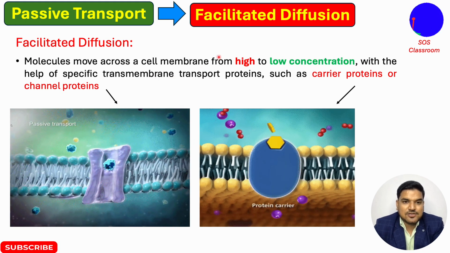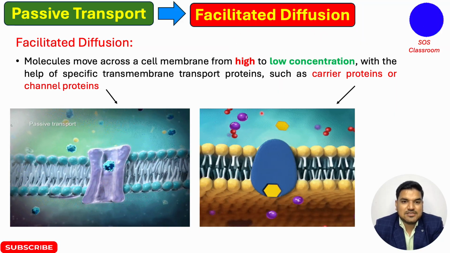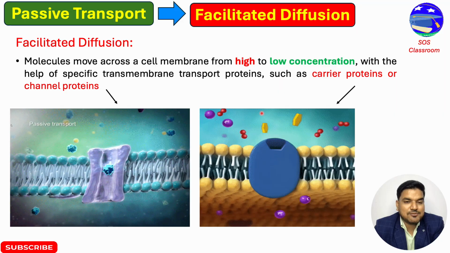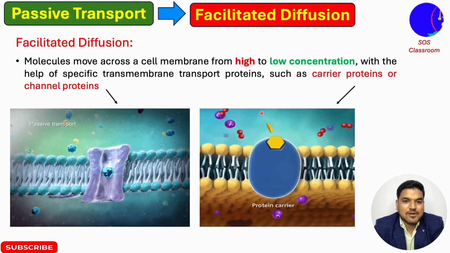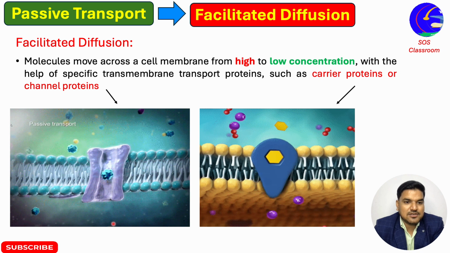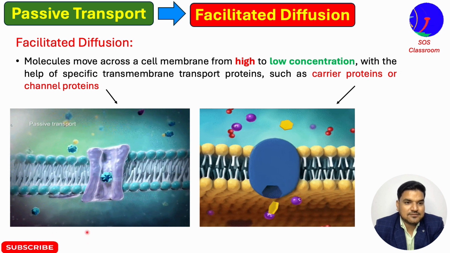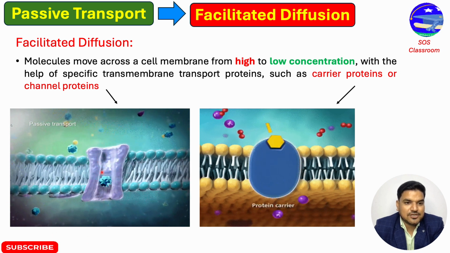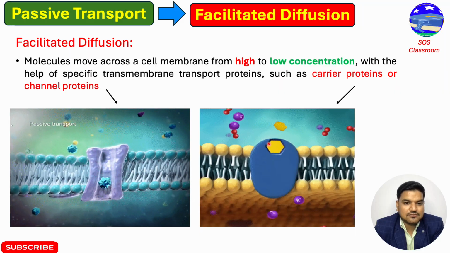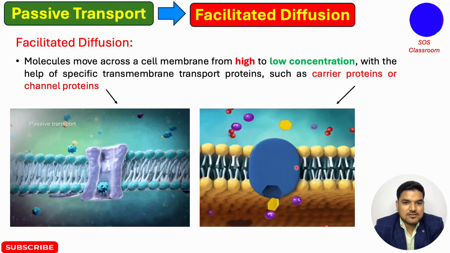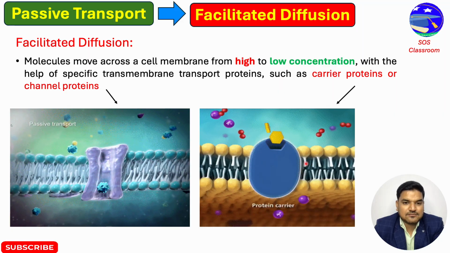Next is passive transport, facilitated diffusion. Facilitated diffusion means a special type of facility provided in the plasma membrane in the form of different types of proteins. For example, this is the channel protein, and this is the carrier protein.